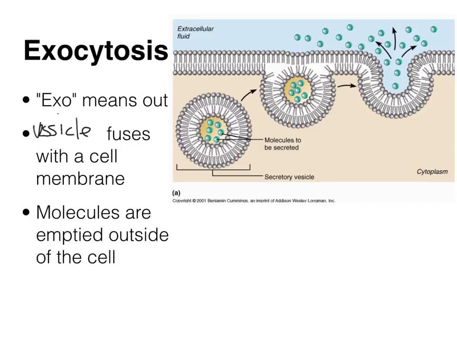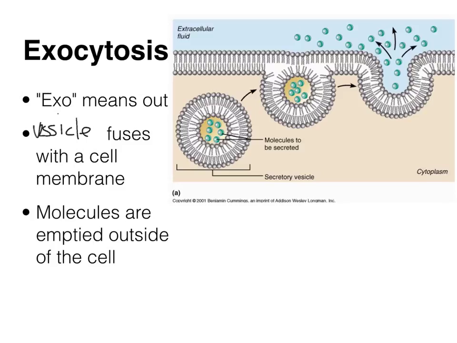Exocytosis is a type of active transport, which means it needs energy. Exo means out, and when the cell needs to get rid of something, it can use this process of exocytosis. A vesicle will surround whatever needs to be secreted, and then that vesicle can fuse itself to the cell membrane, and then the cell membrane will open up and the molecules are emptied to the outside of the cell into the extracellular fluid.